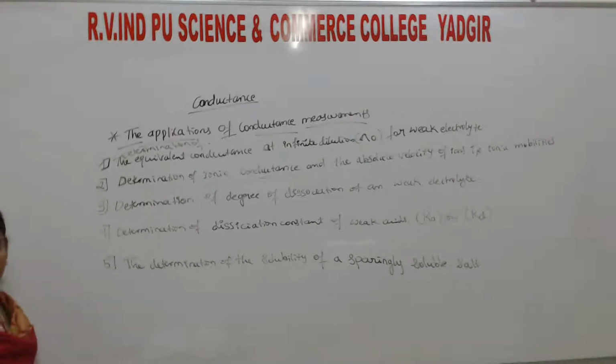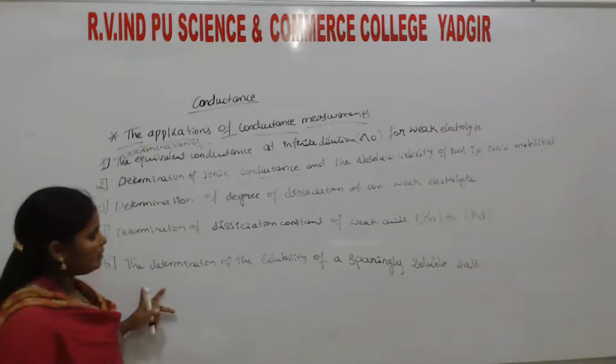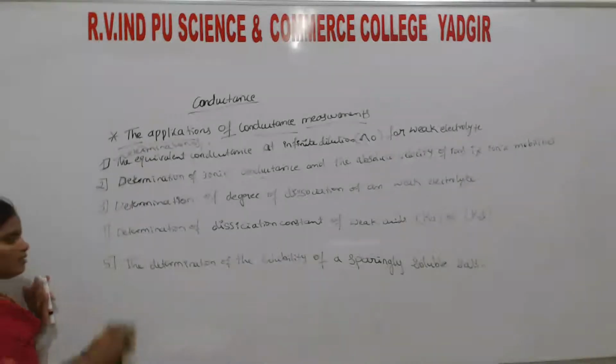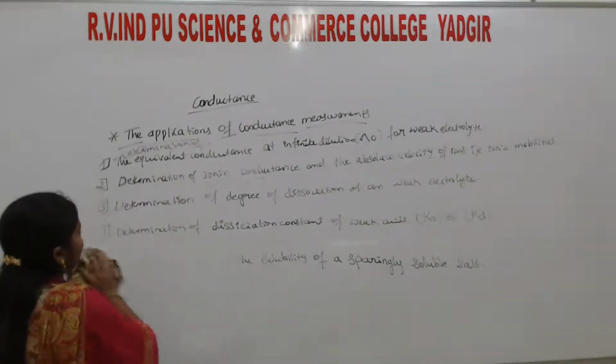Ionic conductance and ionic mobility have one formula: the ionic mobility is equal to ionic conductance divided by 96,500.